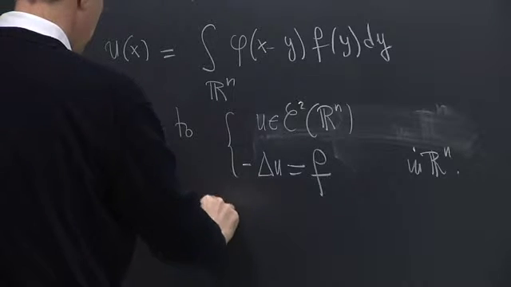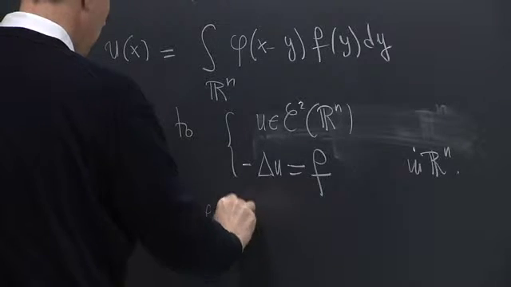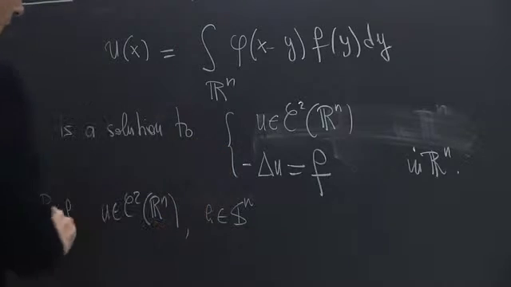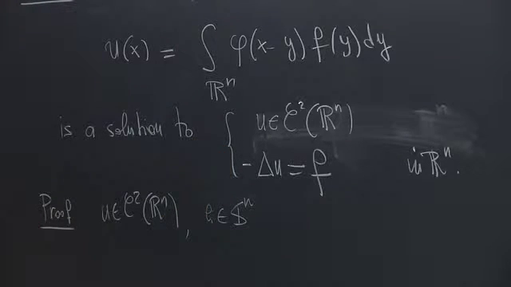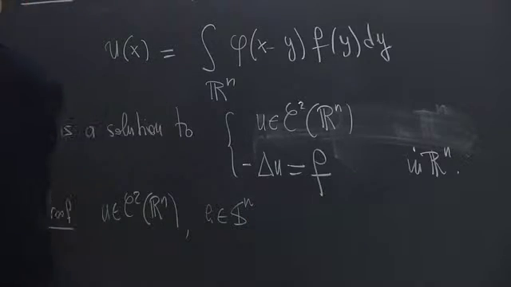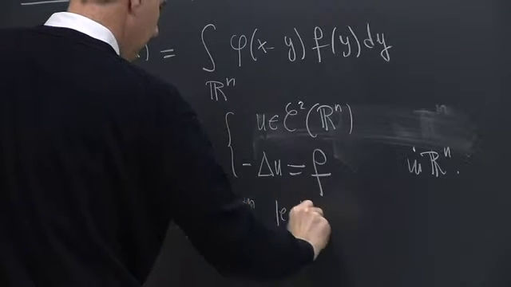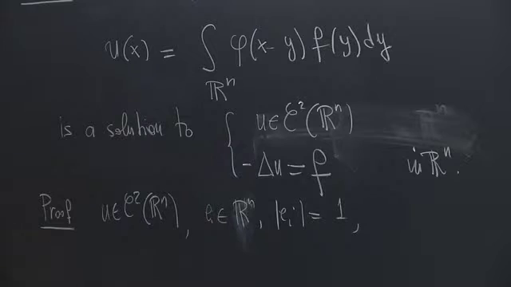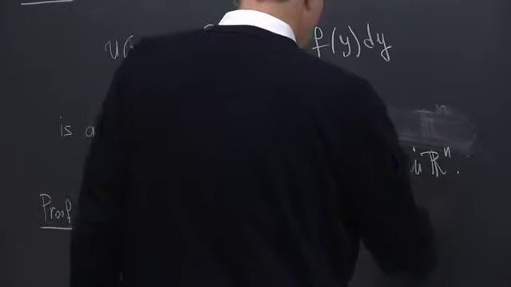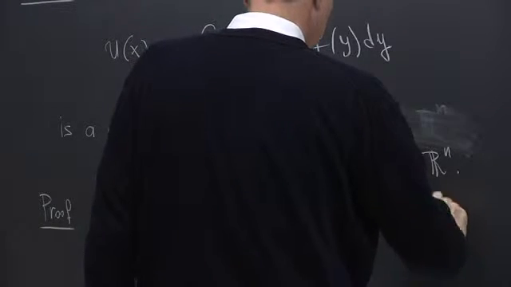You fix a direction, e_i, a unit vector, and then you fix a point, and then you consider the quotient.